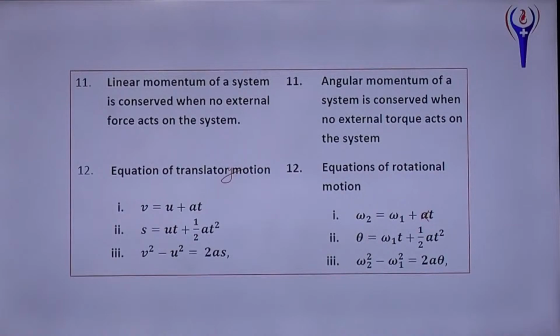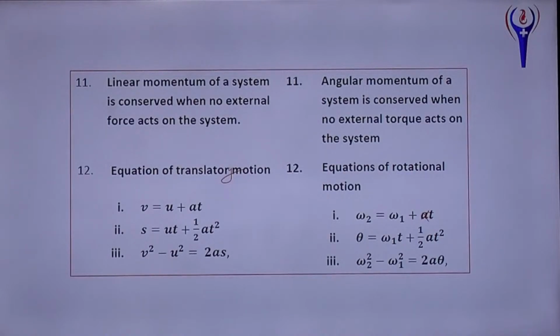And here u and v are the initial and final velocity. What is a? Uniform acceleration. Okay, because this equation of motion is valid only for uniform acceleration.